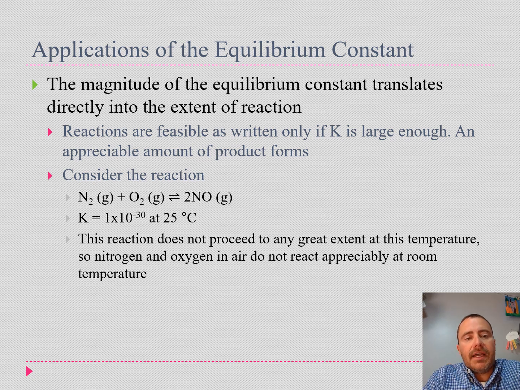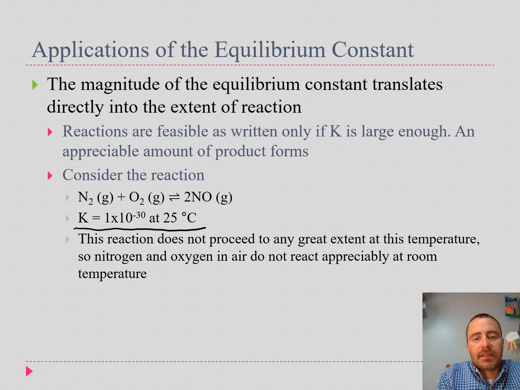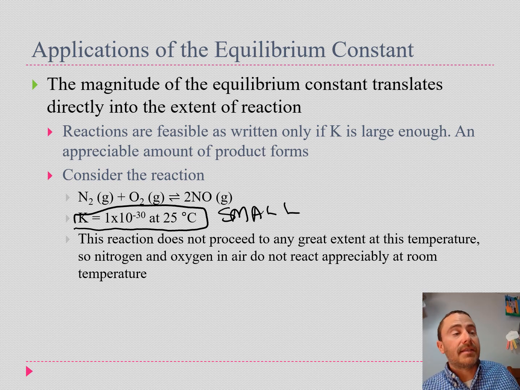So here I've got nitrogen and oxygen in equilibria with nitrogen monoxide. And notice that the K that is written down here is 1 times 10 to the minus 30. Small value. What that tells us is that this reaction, yes, it is at equilibria, and yes, there is some nitrogen and some oxygen and some nitrogen monoxide.